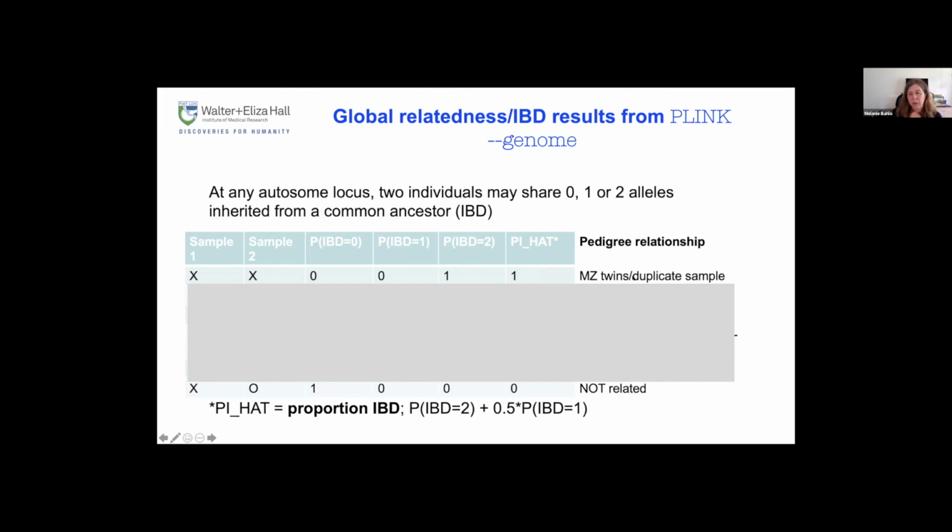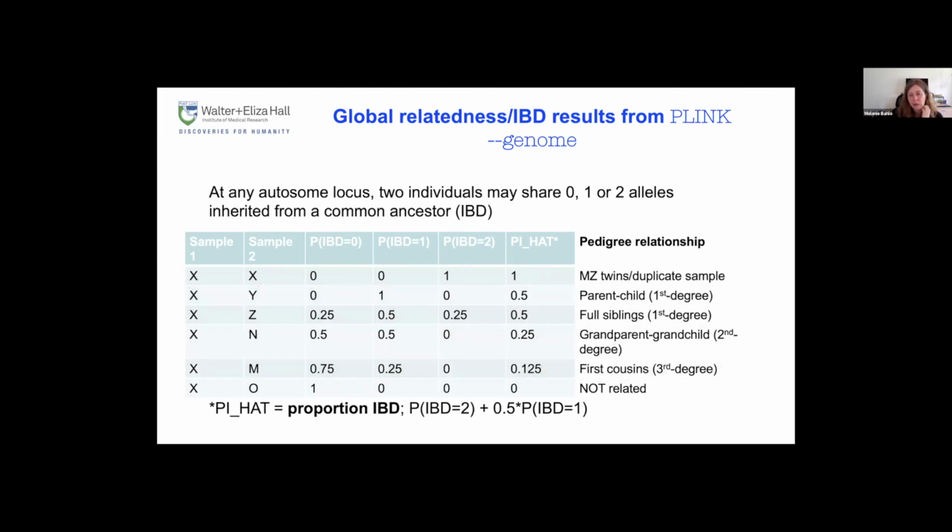That would be applicable to monozygous twins, duplicate samples, etc. And you have a gradation of all these relationships in between. So you can estimate pi hat from Plink and see what that matches up to in terms of the expected pi hat given a pedigree.